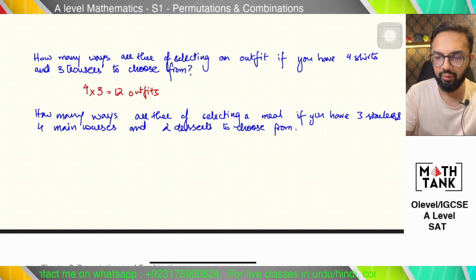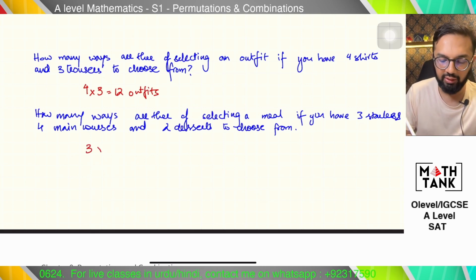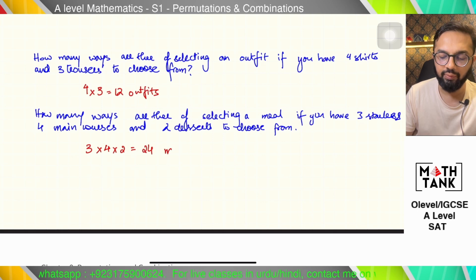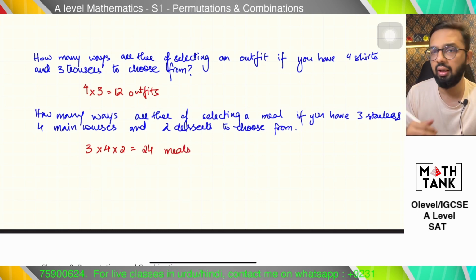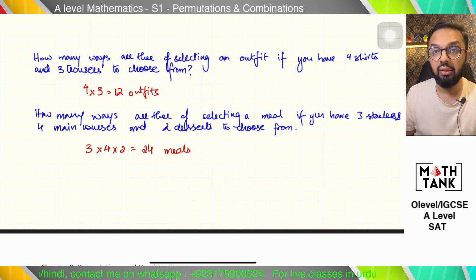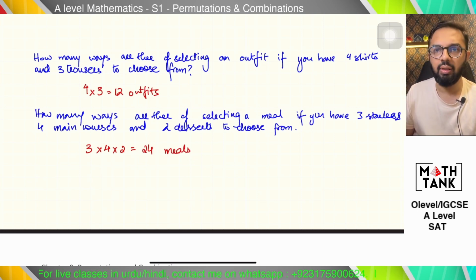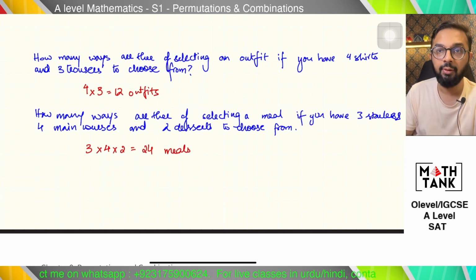Okay, so the idea then is that there are 3 by 4 by 2. That means there are 24 different meals that you could create, each with at least one dish that is different, and none of those meals will be the same. So 24 different people could have different meals. One of the dishes, or two of the dishes, or three of the dishes could be different in those meals.